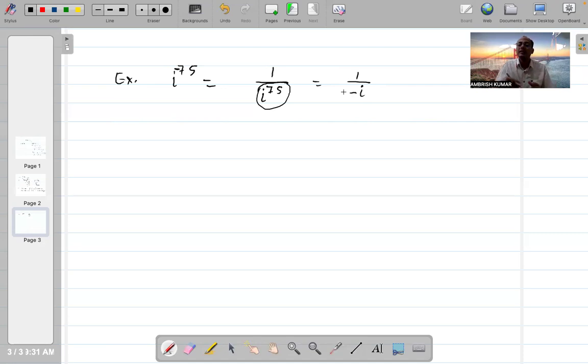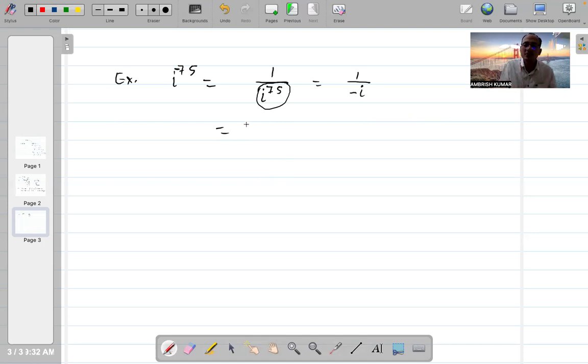Now look, the general practice is that we are not leaving i in the denominator. So how can we remove this i from the denominator? You just have to multiply with i in numerator as well as denominator. Later on I will explain that actually we have to multiply with the conjugate.